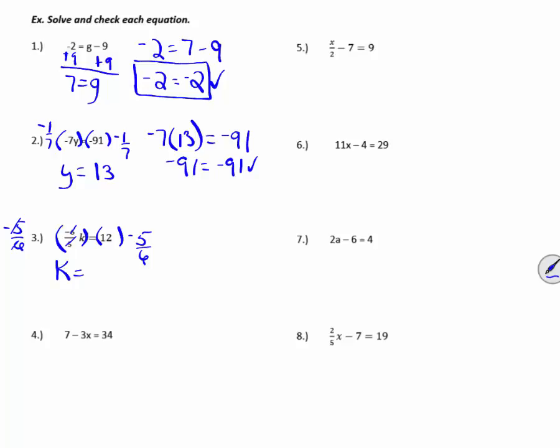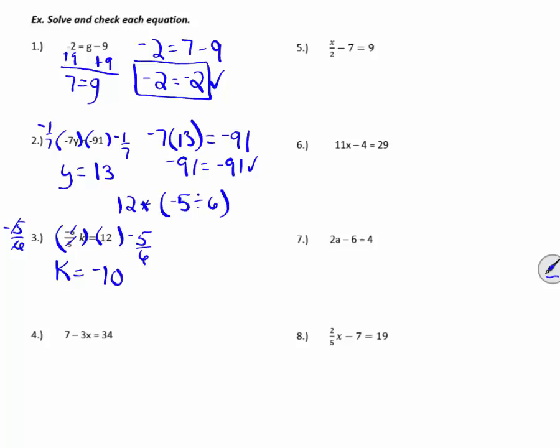Now, when you put this in your calculator, remembering that a fraction in your calculator, you would really do it like this: 12 times, in parentheses, -5 divided by 6, parentheses. So if you're putting that in your calculator for that problem, that's how we enter a fraction. That should give us -10. I'm not going to check that.